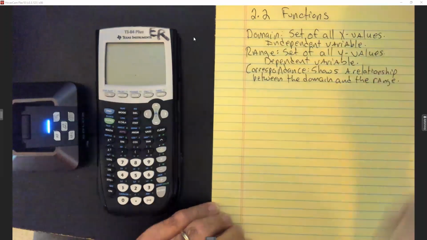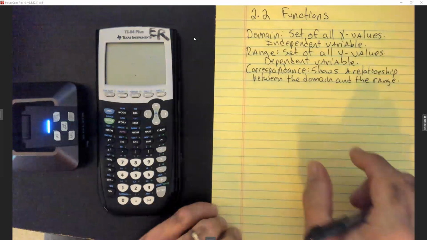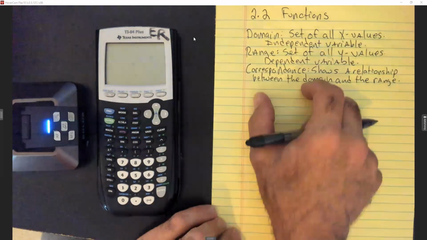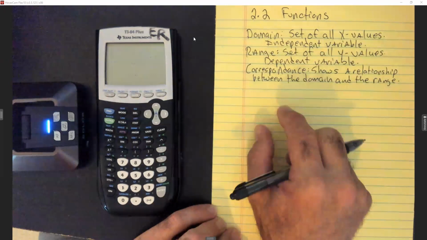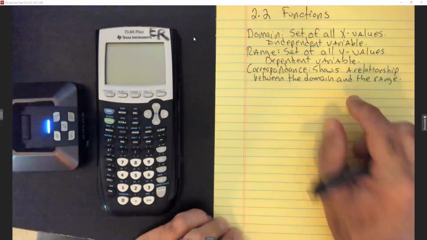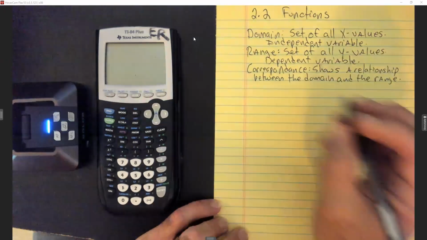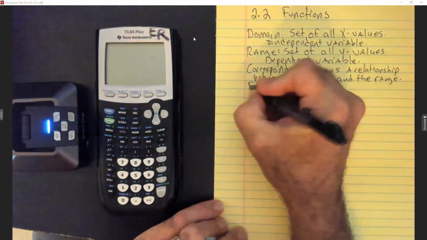Okay, so a lot of times they use a little table. They'll put the domain on one side and the range. They might show it as a set of ordered pairs. Okay. Now, the one we're worried about the most is a function.